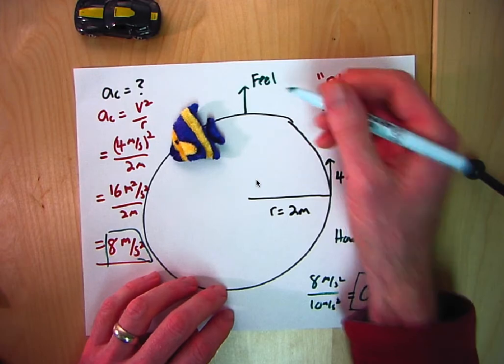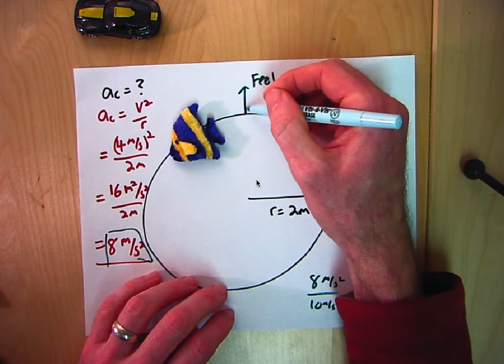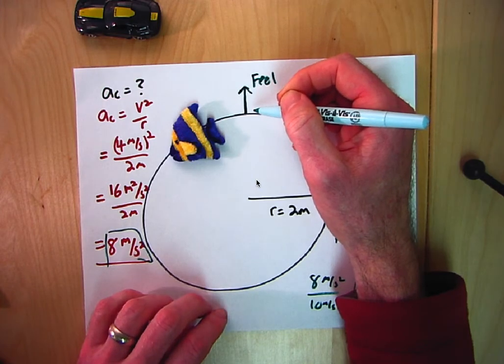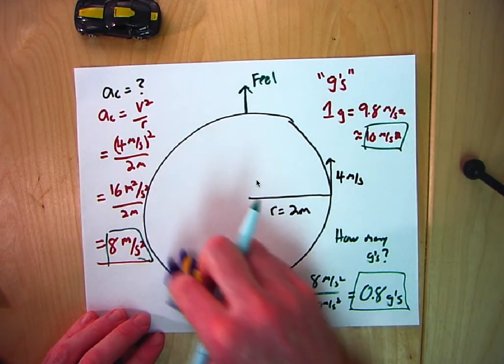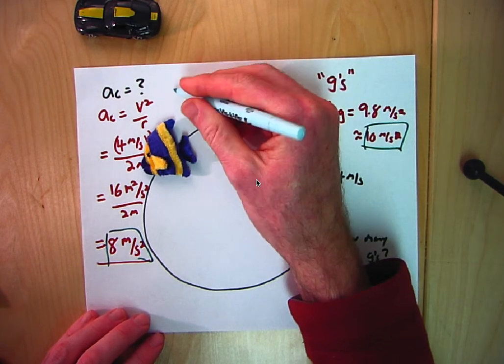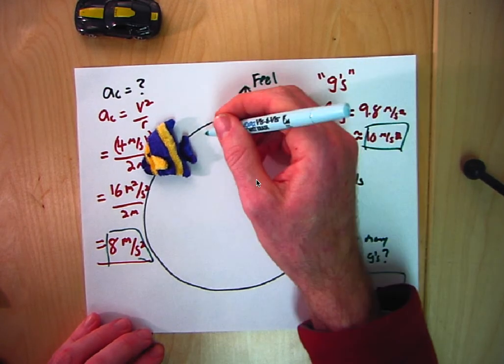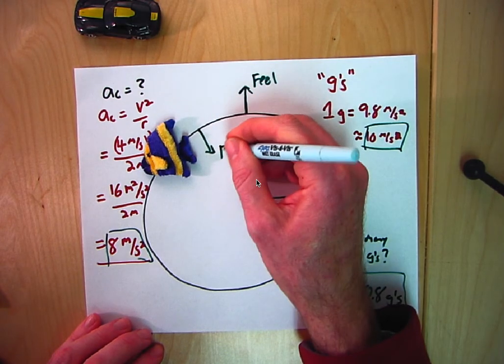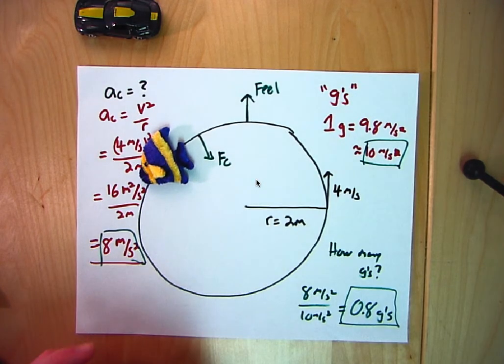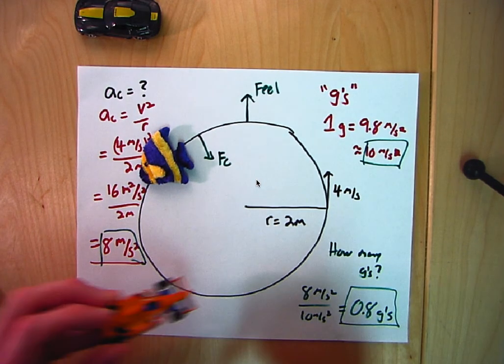And if you're accelerating at 1 g, then you're going to feel exactly 1 times your weight pulling you to the outside. If you're accelerating at, say, 5 g's, you're going to experience 5 times your weight. It'll feel like it's pulling you to the outside. Actually, the real centripetal force is towards the center, but because of your inertia, you feel this force flinging you to the outside. So we'll talk about these concepts more in class.